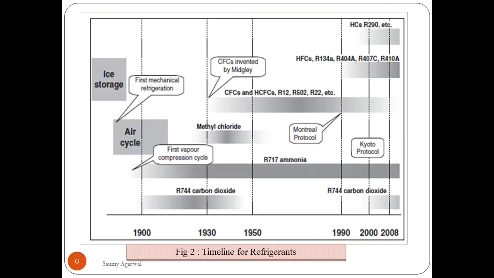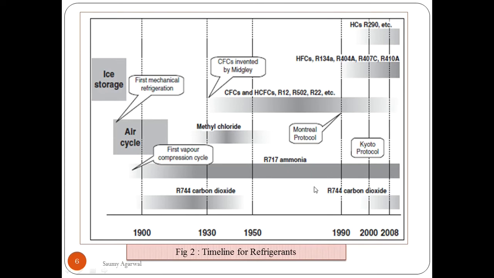Okay, so in this diagram you can see the timeline for the refrigerants. In 1900 there was the air cycle, where air was used as refrigerant, and then came carbon dioxide and methyl chloride, and then the CFC, which was invented by Midgley, exactly in 1928. Afterwards came the Montreal Protocol in 1987, which aims at phasing out all the CFCs and HCFCs by 1995 and 2030 respectively.